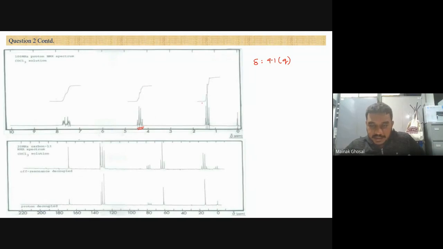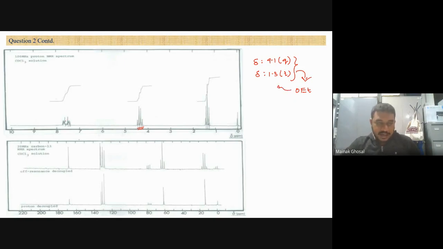And here this is a triplet, delta of 1.2 or 1.3. Since in the previous question you saw the presence of a 4.1 quartet and a 1.3 triplet, this is an indication of the presence of an OEt group. So you have confirmed that the OEt group is present in the molecule.